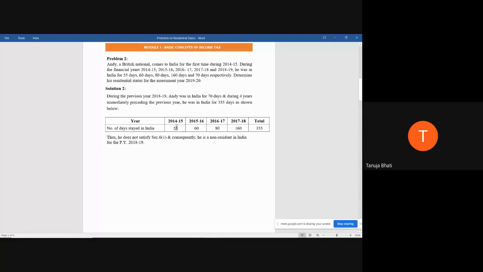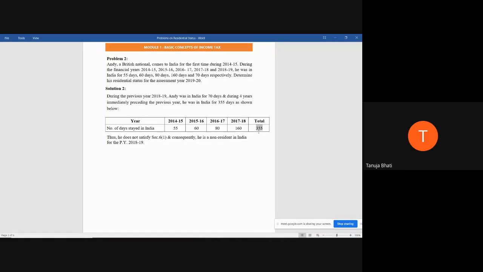So in 14-15, his stay is 55 days, 60 days in 15-16, 80 days in 16-17, 160 days in 17-18. So just add this up. When you add this up, you will get 355 days. Now you all tell me, students, whether he is fulfilling the second basic condition.